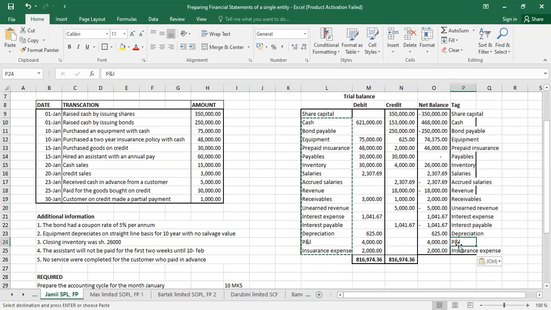The P&L doesn't reflect first, so let me just remove the borders.